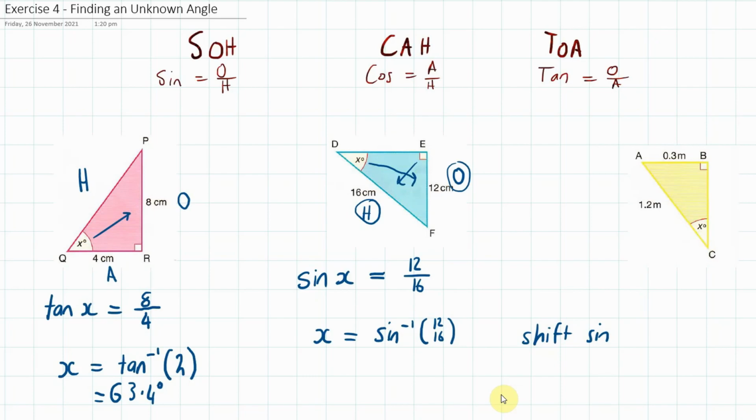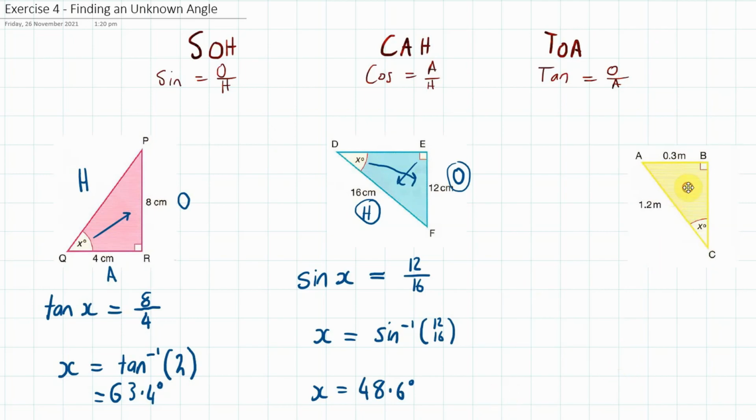Now when you pop the bracket in, you're going to need to move the cursor so that it's not at the bottom, otherwise you'll just get a bracket around the 16 and you'll get an error. So pop it around the whole thing by moving the cursor to the right, and I'm getting x is equal to 48.6 degrees.